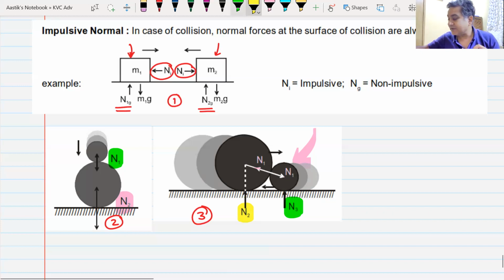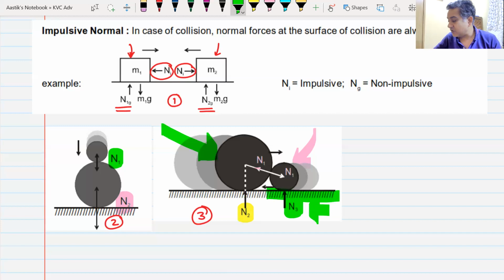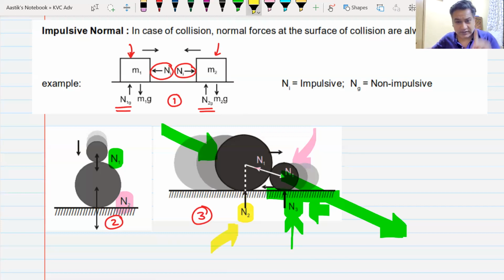Why is N3 impulsive? Imagine if this ground was not there, then what would happen? When this ball pushes, this ball should move here. But this ball is not moving here. Something is stopping it. What is stopping it? This normal reaction. Do we understand this? Yes, sir. Look at the normal reaction N2. When this ball hits it, this normal reaction is keeping it on the ground, but it is not going to go into the ground.